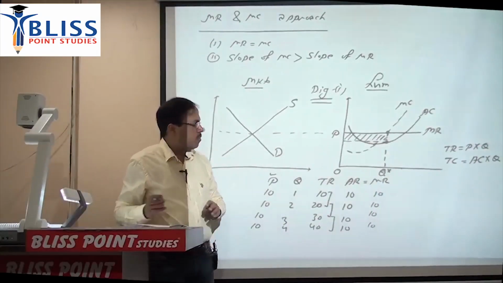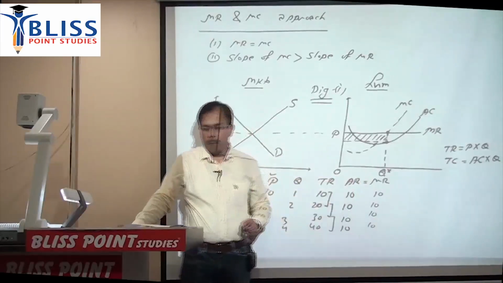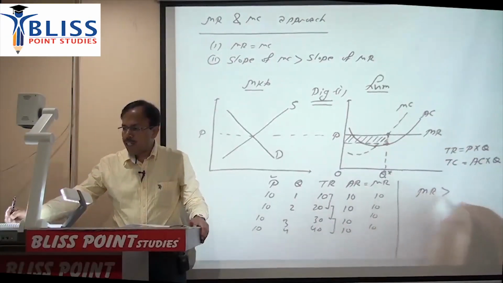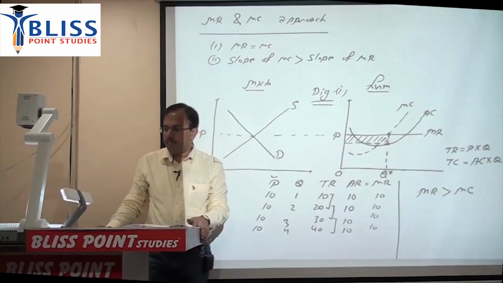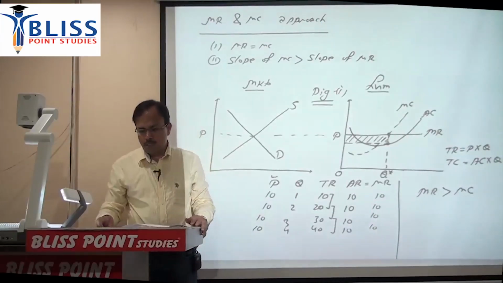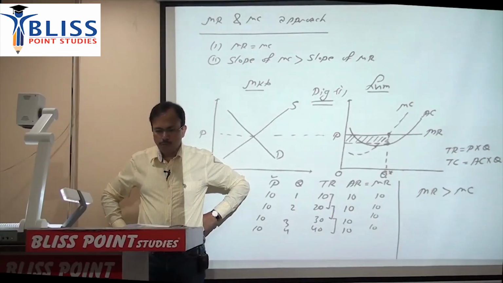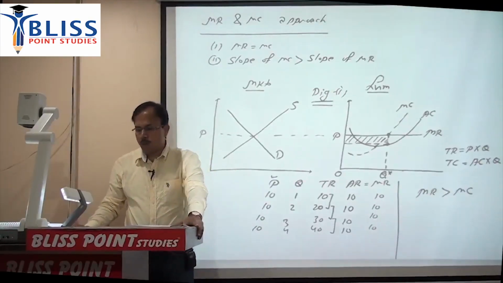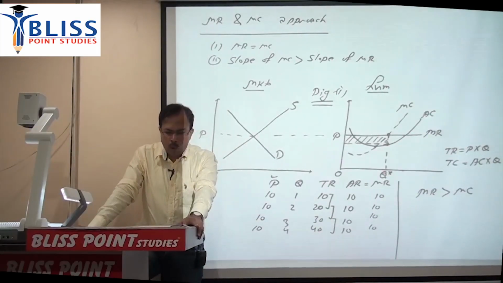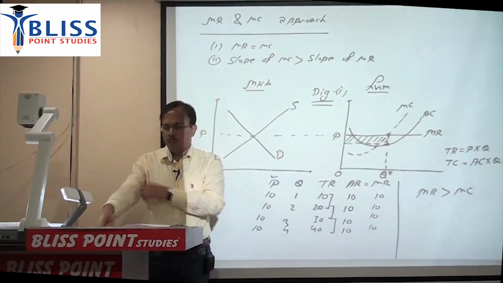To the left of output Q star, MR is greater than MC, which means each unit of output is adding more to revenue and less to cost.